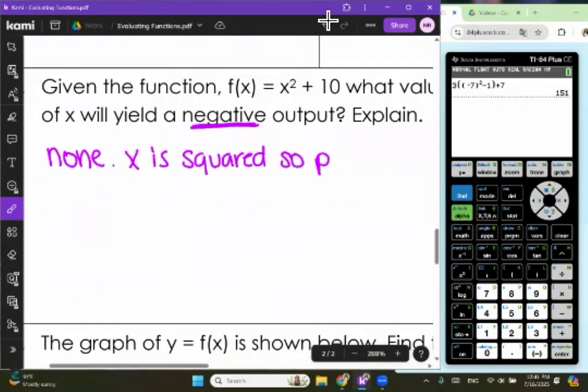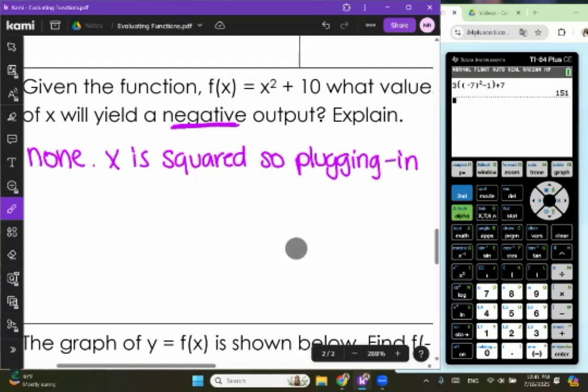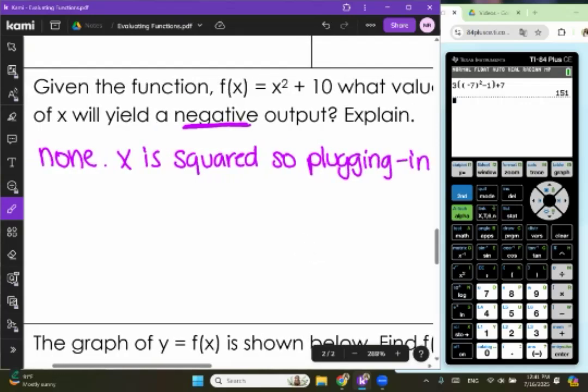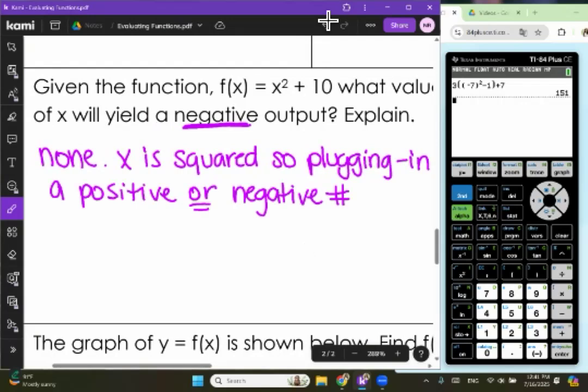Plugging in a positive number will always result in a positive.